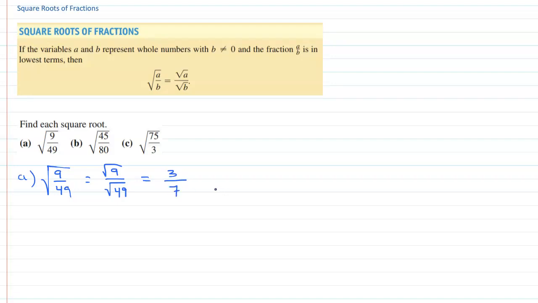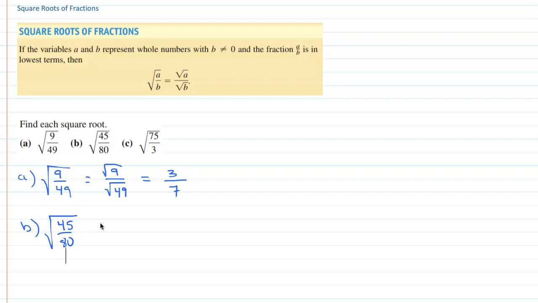All right, the next one is the square root of 45 over 80. I should probably write that a little bit bigger. So the first thing we're going to do with these is we're going to simplify, and then we're going to work on taking the square roots of them.